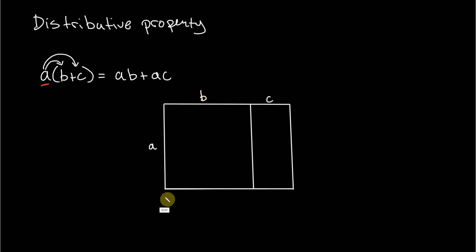And then down here, to give you a sense of things, I'll try to draw this again as neat as possible. We can say this is B plus C. This is the entire length of this side, B plus C, as we see up here: B, this section, plus this section, C. So the overall area of this larger rectangle, area A, is going to equal A times B plus C, which would be length times width.